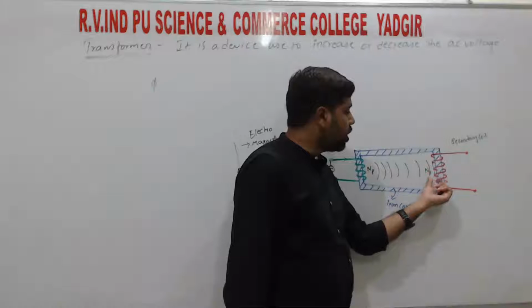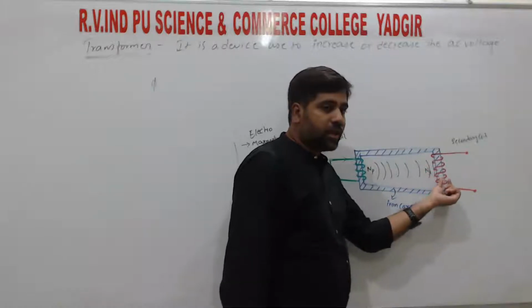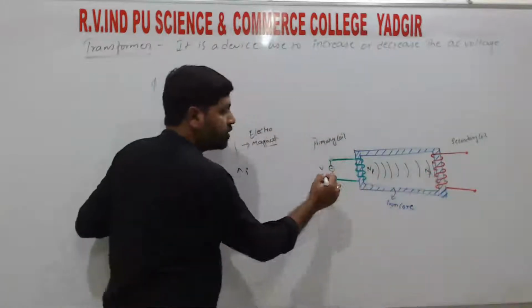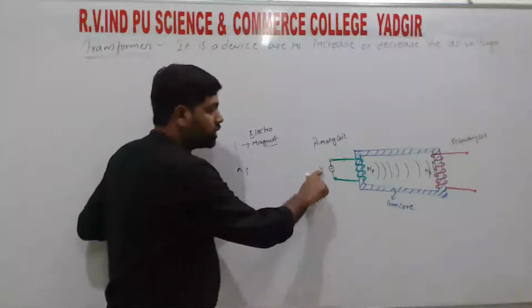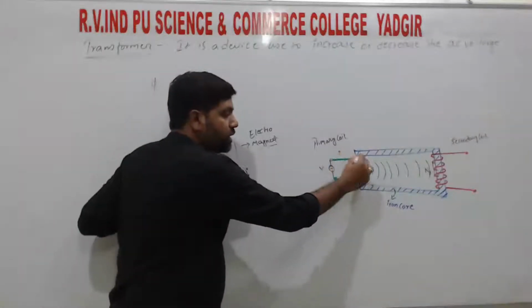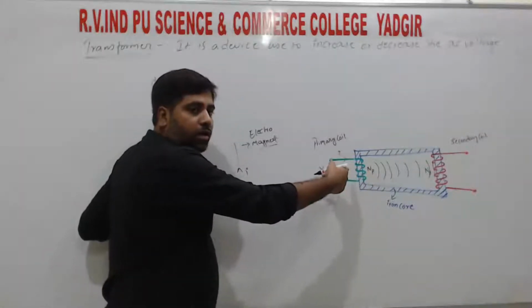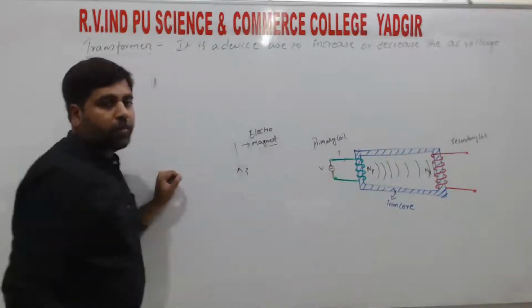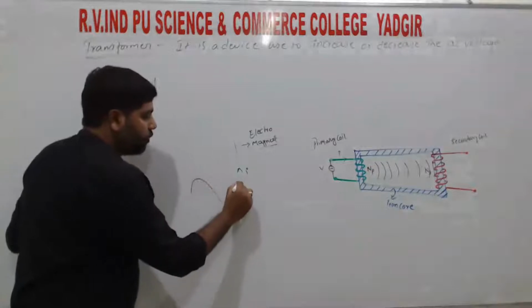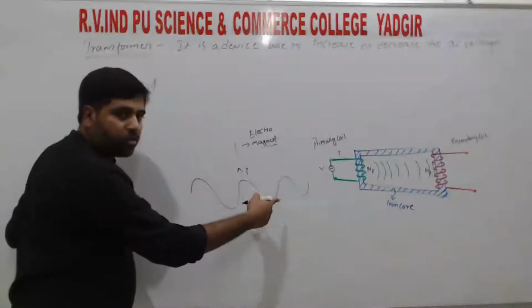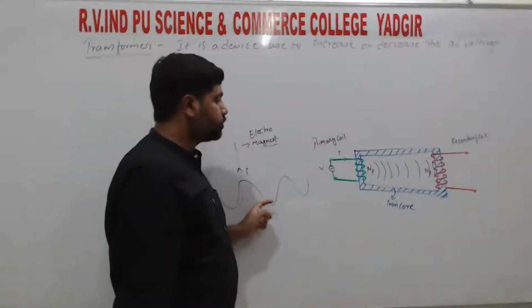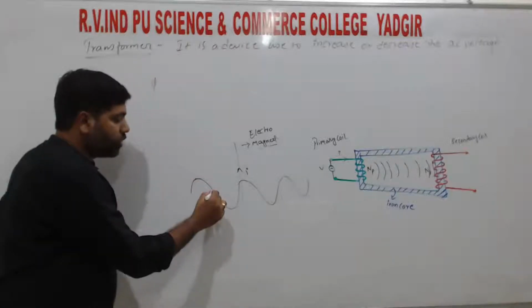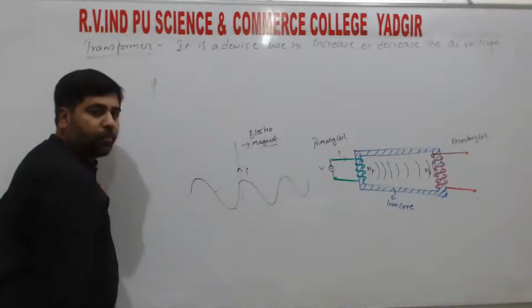The flux in the secondary coil changes because we are applying an alternating voltage, which means the current in the inductor is also alternating. Its value varies from maximum to 0 and to the minimum, right? The current keeps varying like this: sometimes maximum, sometimes 0, sometimes minimum.